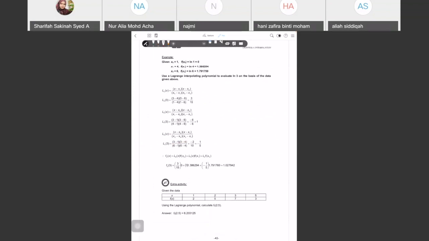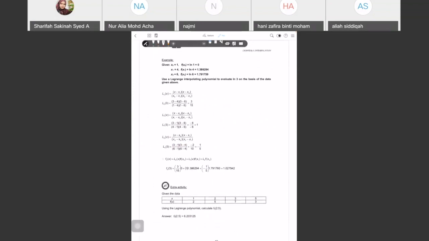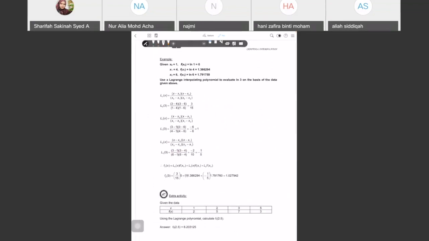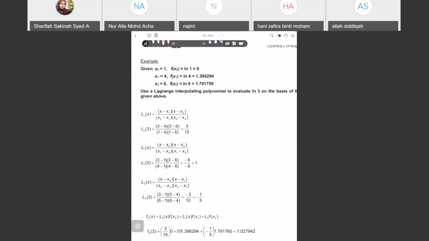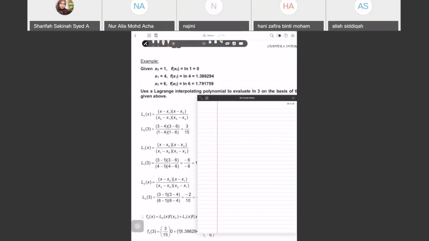Okay, maybe I just directly look for the equation here. So you can see here we are using the same example as before. Before this we used the Newton method. Now we are going to use our Lagrange method.